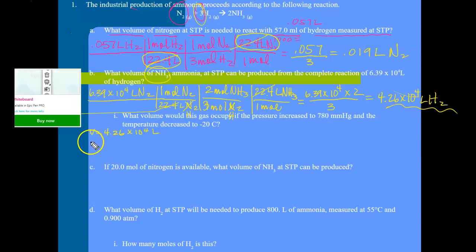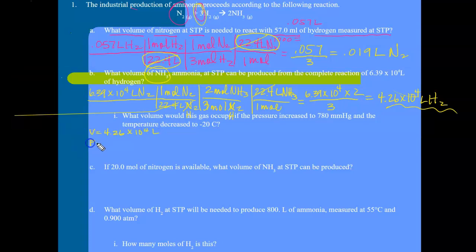Remember this was at STP, so we had a pressure of 1 atmosphere, and a temperature of 0 degrees Celsius, which is the same as 273 Kelvin. 1 atmosphere is also equal to 760 millimeters mercury.